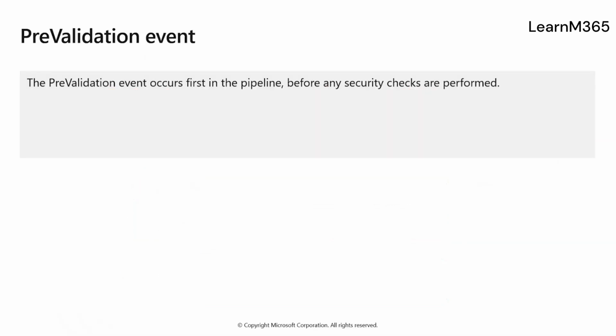The pre-validation event occurs first in the pipeline before any security checks are performed. It is intended to ensure that the user executing the current transaction has the correct permission needed to perform the intended operation. As a developer, you can leverage this event to run validation logic and cancel the operation before the transaction occurs.